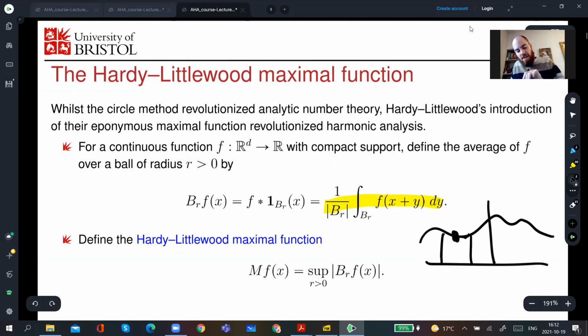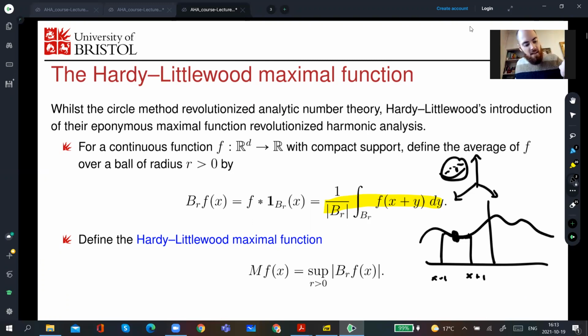Right, so I have a ball of radius 1 about x. And I average the value of the function in that interval. That's the one-dimensional version of this. And of course, in higher dimensions, I have a point in space, and I average over the whole ball centered at x.